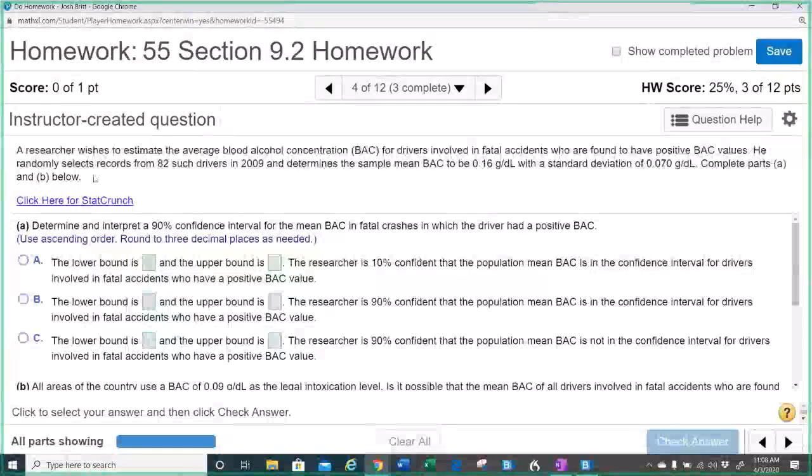So he randomly selects 82 drivers in 2009 and determines the mean or average is this, standard deviation this, construct a 90% confidence interval. So we've got 90%, we've got mean 0.16, standard deviation 0.07, and sample size is 82.